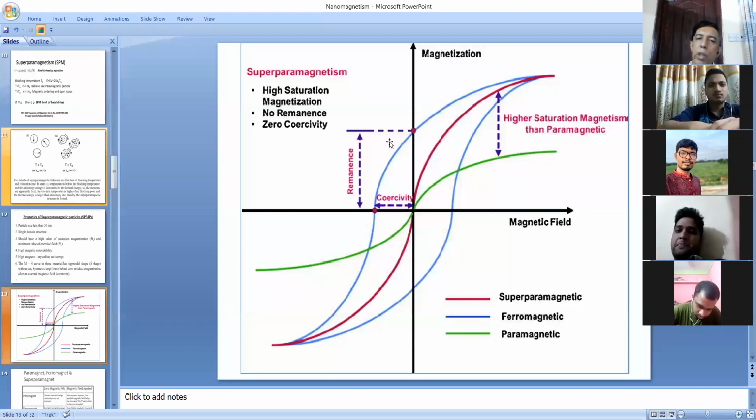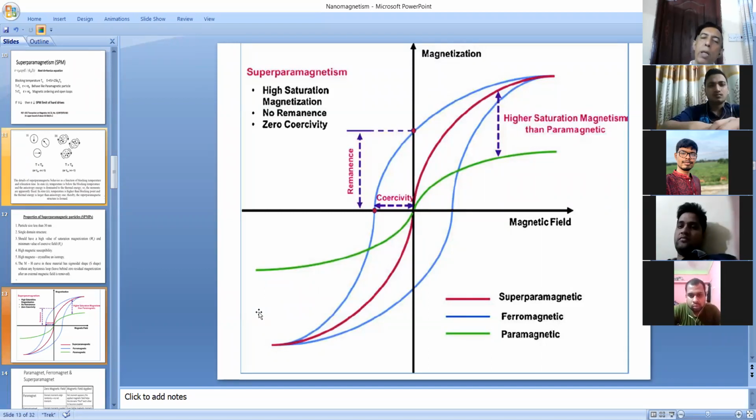This is a hysteresis curve of a ferromagnetic substance. We get hysteresis curve only for ferromagnetic substances, not for other substances.